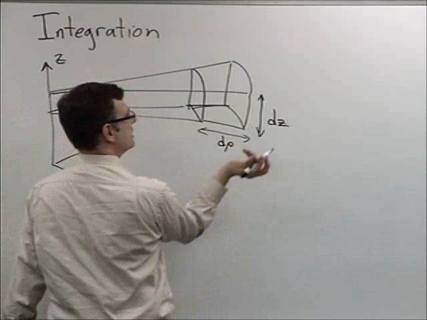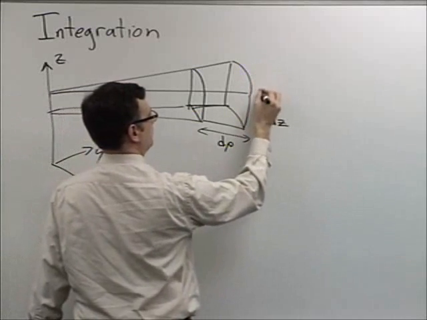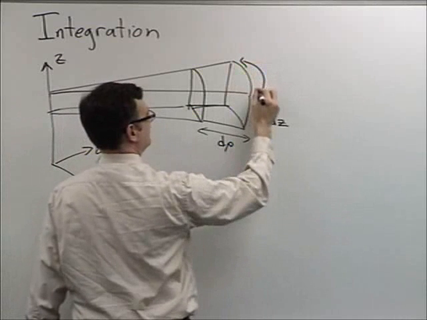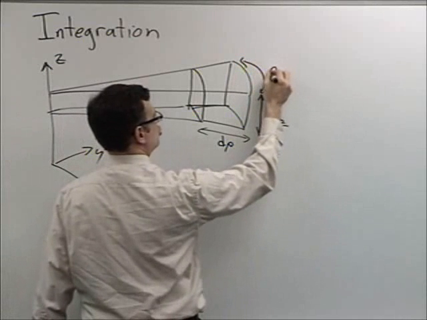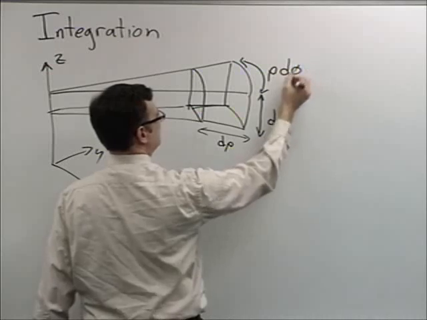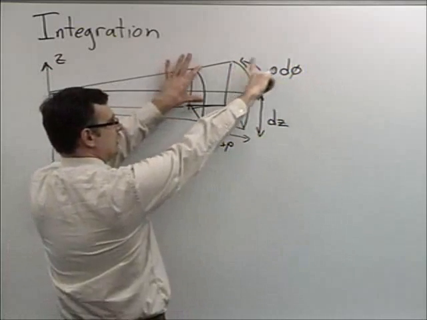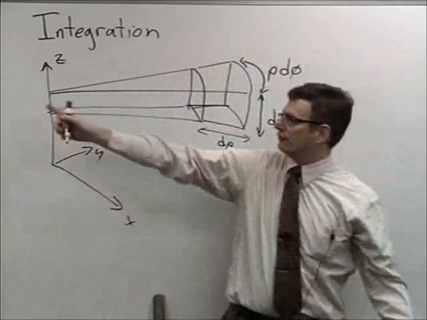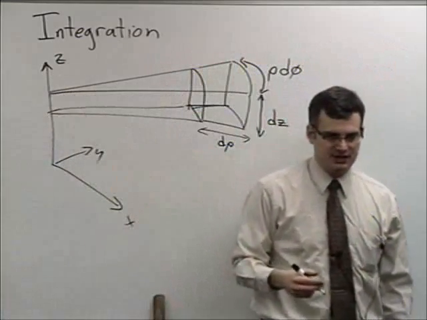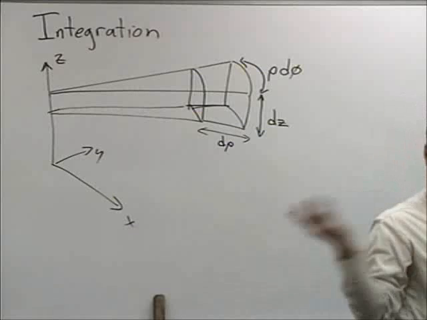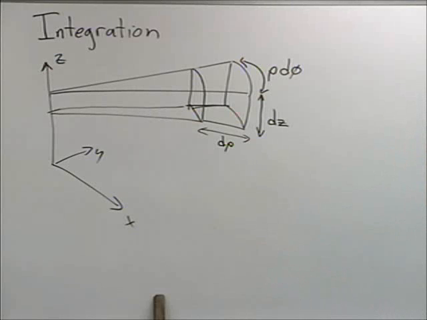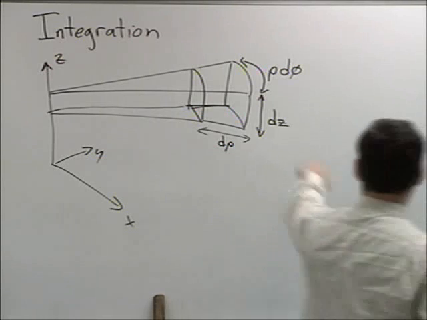And if I want to integrate around like that, this is rho d phi, and that rho must always be there because this contribution gets bigger the farther I move away from the z-axis. Just a little bit of sweep in phi picks up a lot of distance when I move away from that z-axis. So that's why that term has to be there.